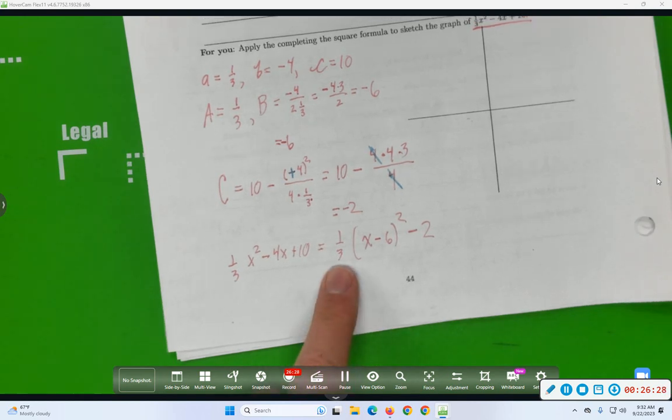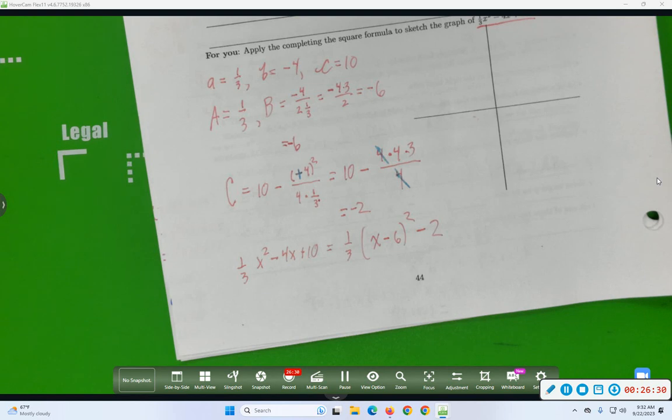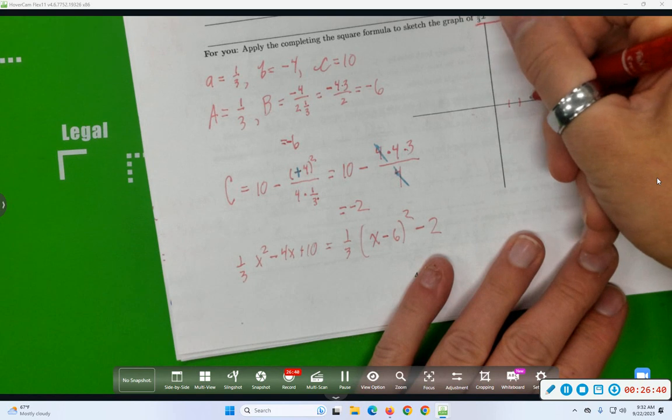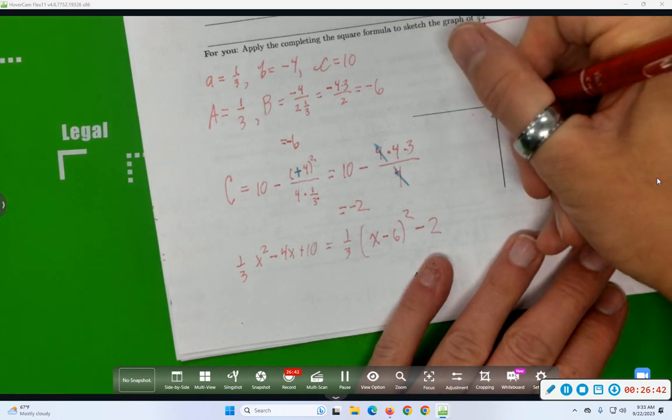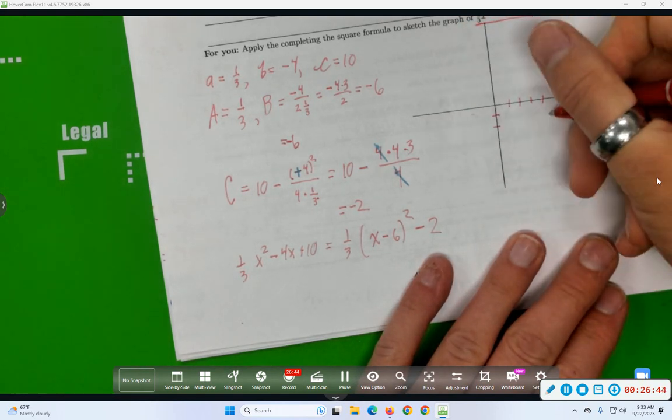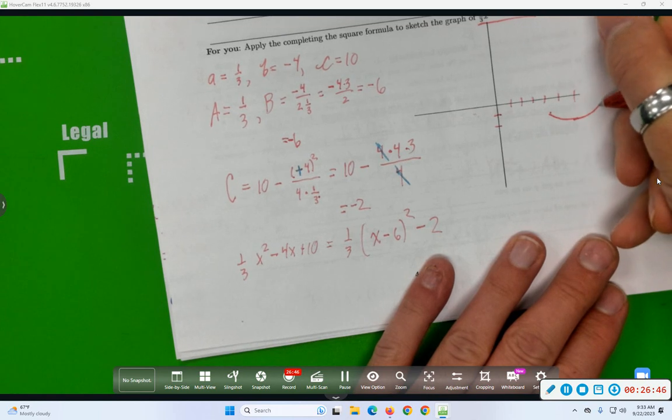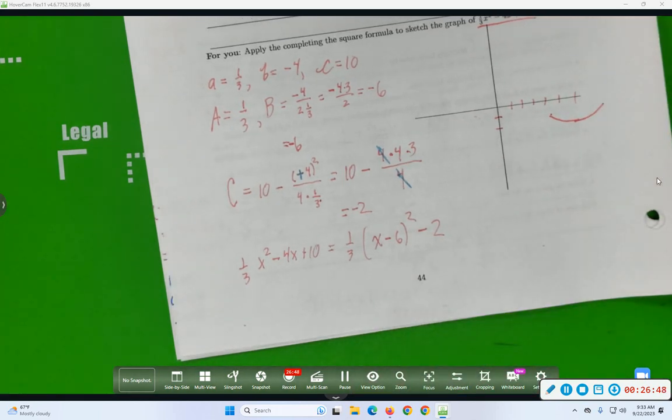Deal with the 1/3, so that will flatten it by a factor of 3, so it'll be a flatter parabola. And then how do you shift it? Right, 6 right, 2 down. And we see a flattened parabola.